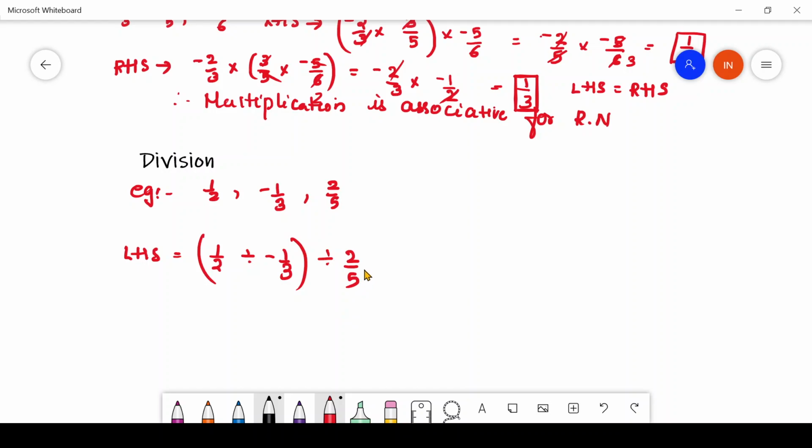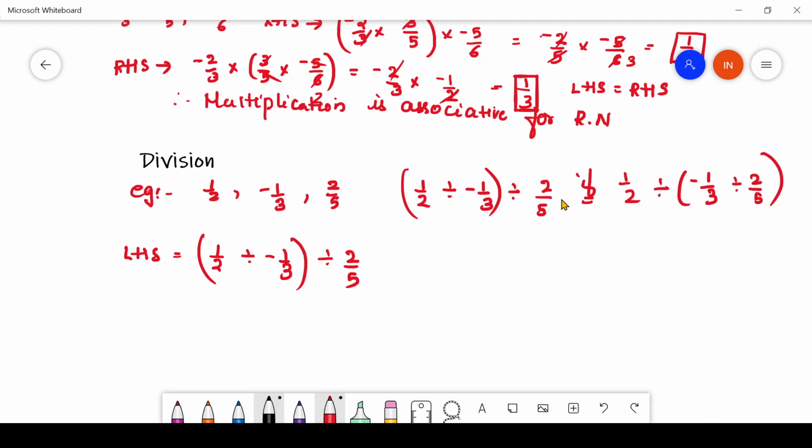Okay, and what is the condition? 1 by 2 divided by negative 1 by 3 inside the bracket divided by 2 by 5, if equal to 1 by 2 divided by, inside the bracket, negative 1 by 3 divided by 2 by 5. If this is equal, then only we can say division is associative for rational numbers.